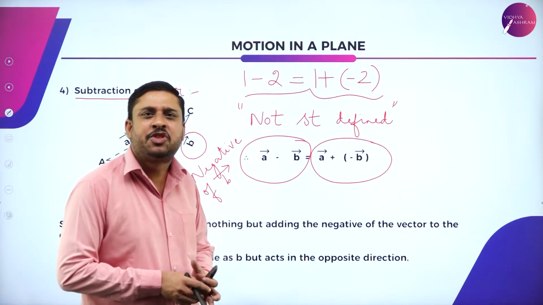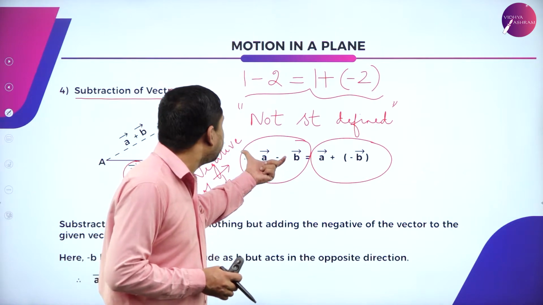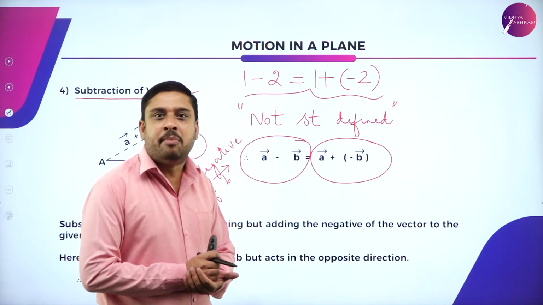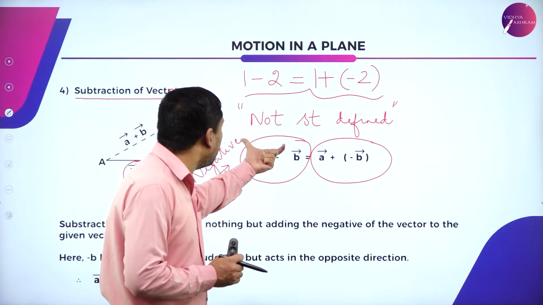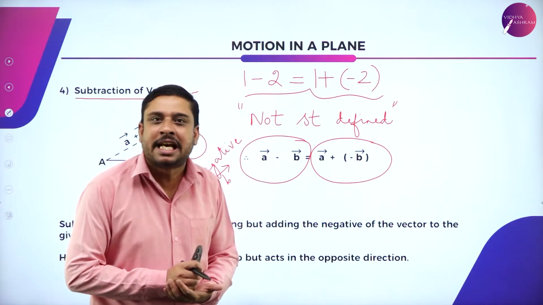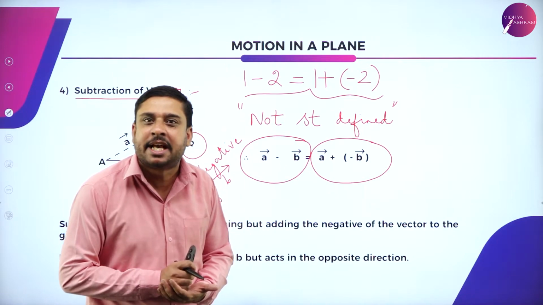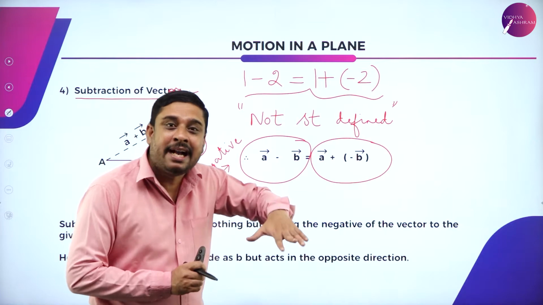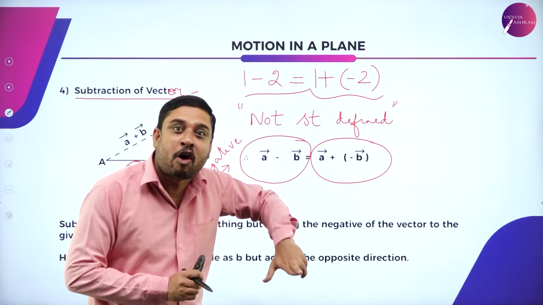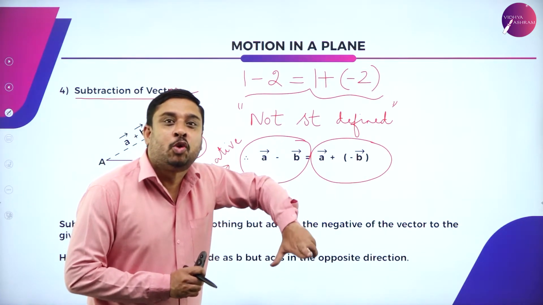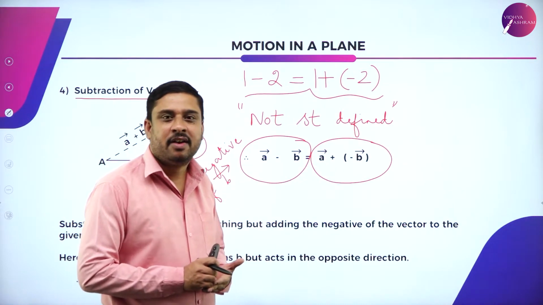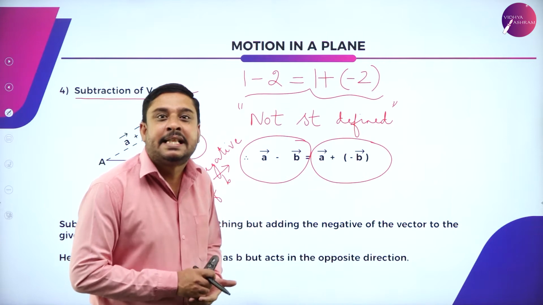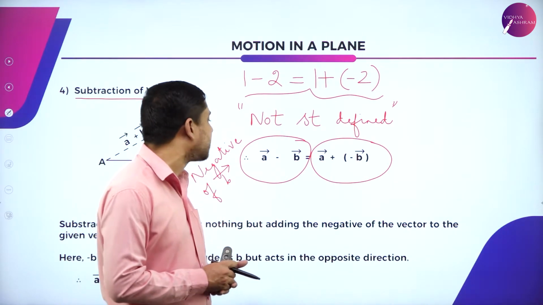See, directly, I am not allowed to do this operation. I am not allowed to subtract vector A minus vector B. Then what do I do? I will add the negative of that vector to the given vector, which indirectly defines the subtraction of vectors.